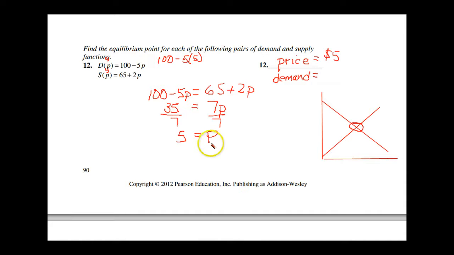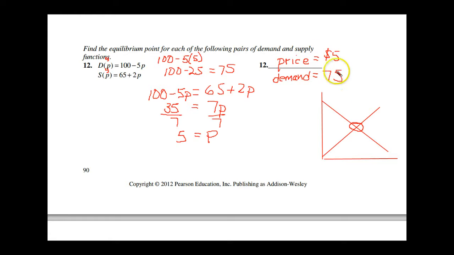That's 100 minus 25, which is 75. So our demand is 75. So at $5, we will sell, this is just, of course, a hypothetical, 75 items.